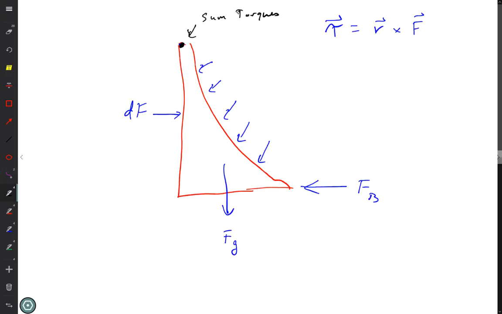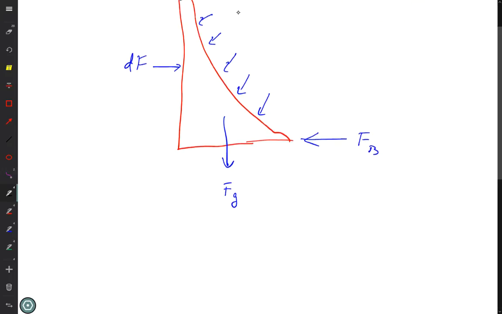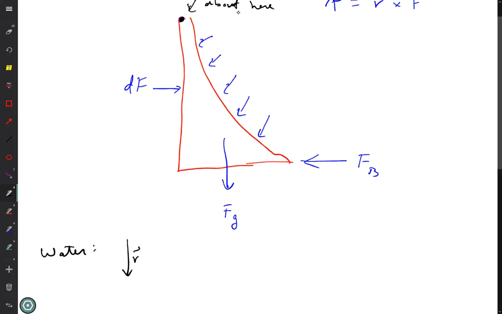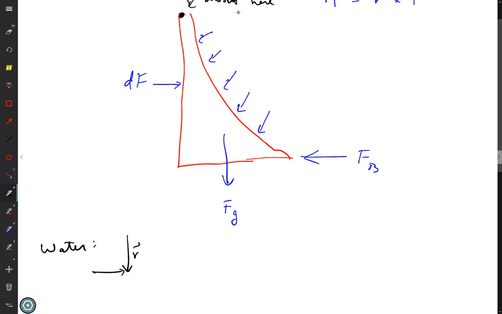Torques about here. So if I look at the one with the water on the dam, my R vector is pointing down. The force vector is pointing that direction.